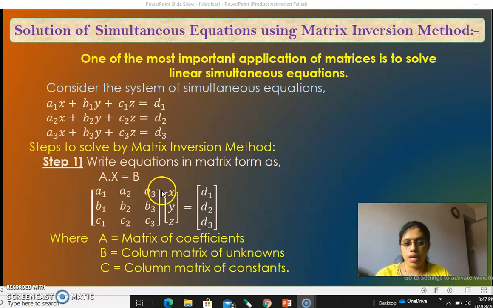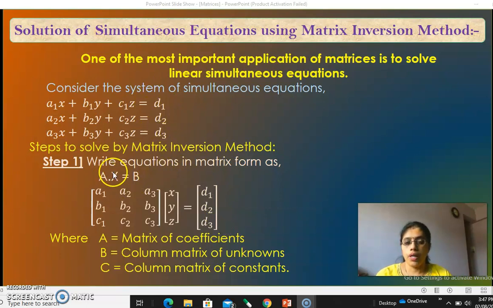A is a matrix of coefficients of x, y and z. Then capital X is a column matrix of unknowns. Unknowns means the values which we have to find out. The values are x, y and z. And capital B is again a column matrix. It's a column matrix of constants from the RHS.